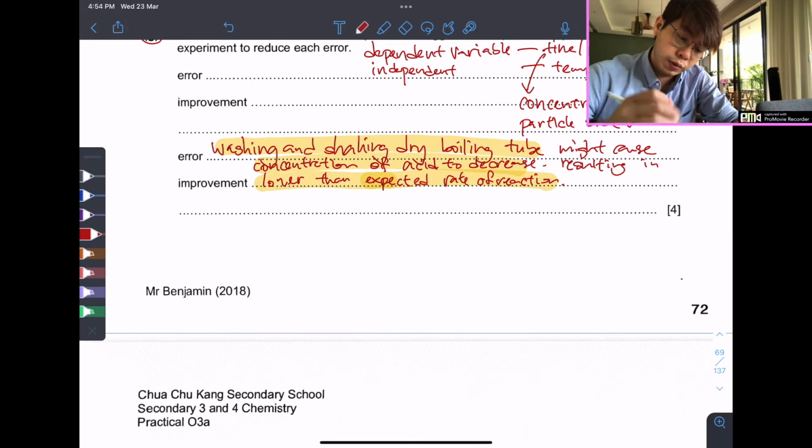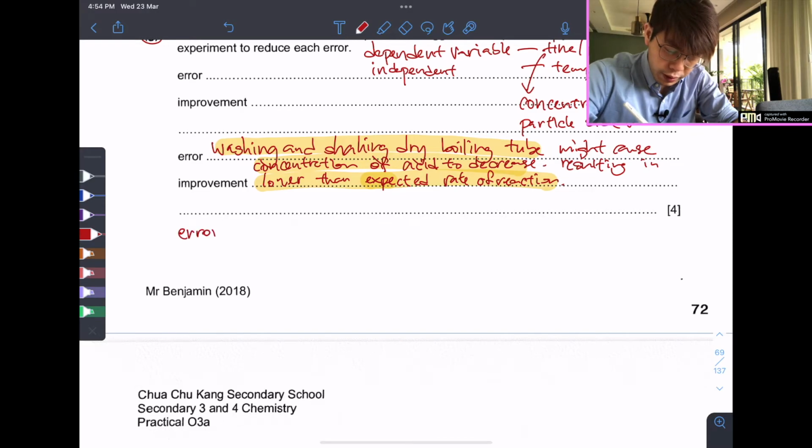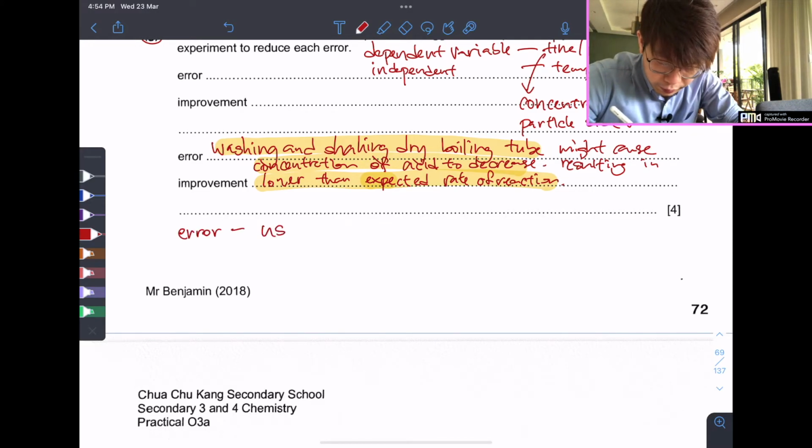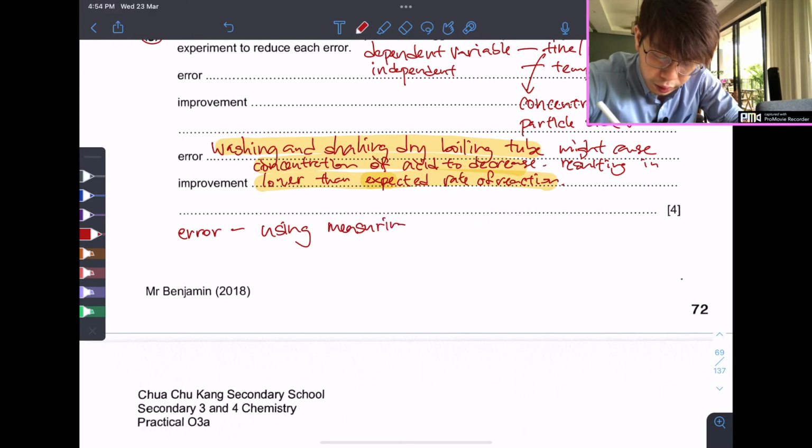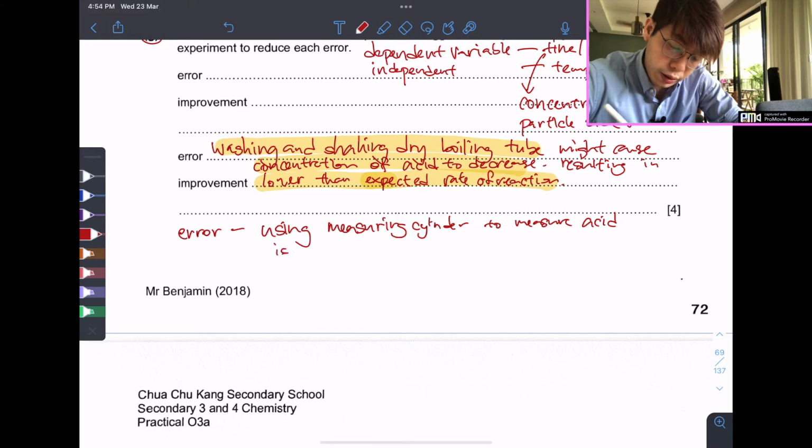So another possible source of error is that using a measuring cylinder to measure acid is not the most, and I want you to learn this word, precise instrument.